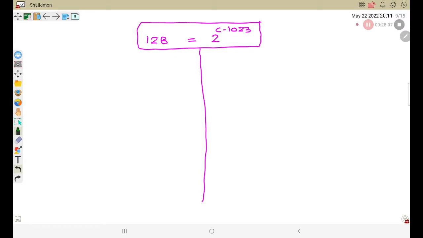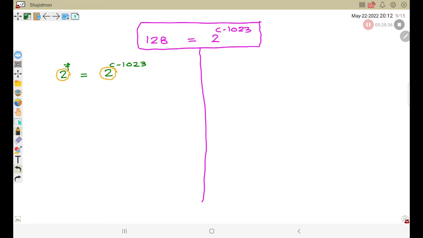If you can write it as 2 power something, then the calculation will be easy. You can check on your calculator what is 2 power 6, what is 2 power 7. So 128 means 2 power 7. We can write 2 power 7 equals 2 power c minus 1023.